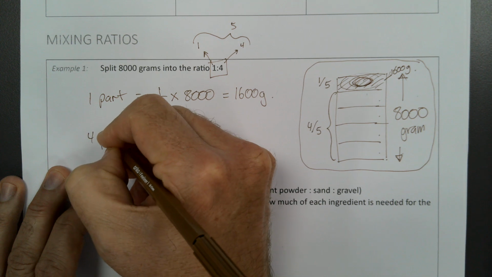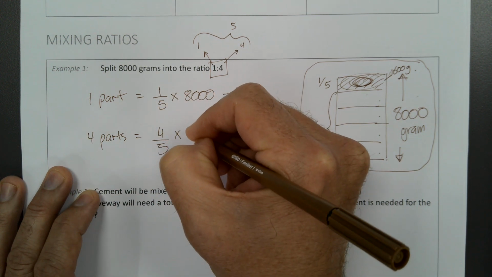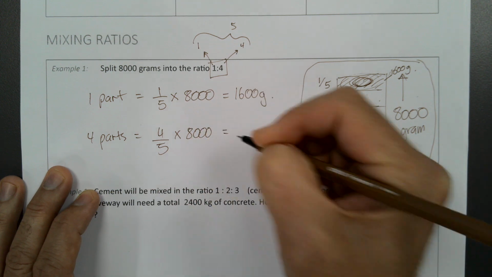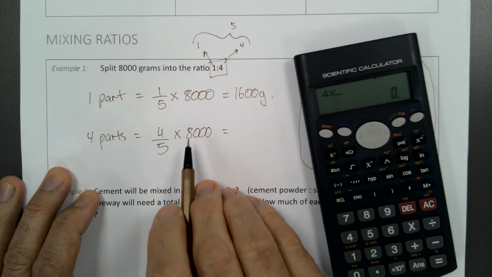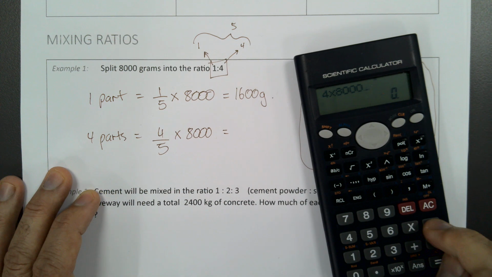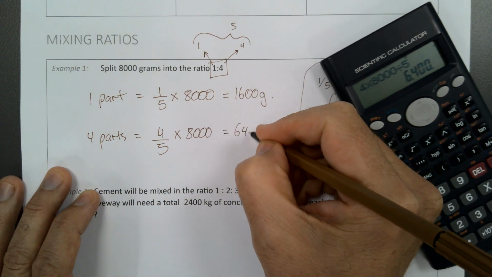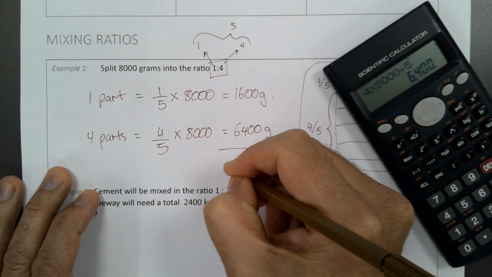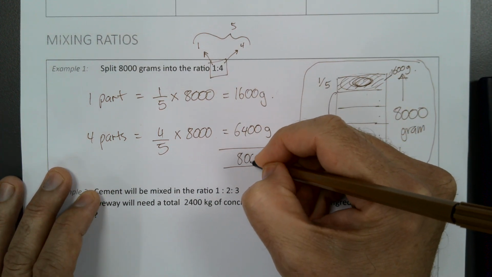Then 4 parts is 4/5 of 8,000. 4 times 8,000 divided by 5 is 6,400. And you should know you're right, because when you add that up, you get 8,000.